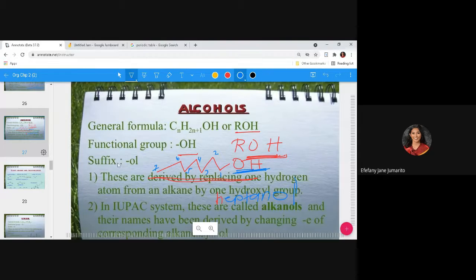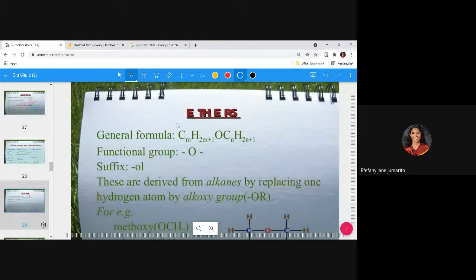Okay. Now let's go to our ethers. For our ethers class, the general formula here will be, this is your R group, okay? Your R group, and then you have another R. So it is R O R prime.